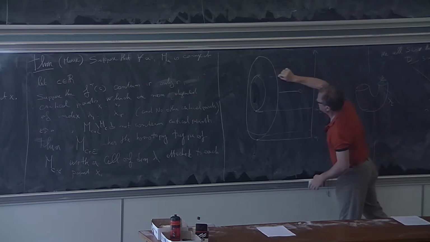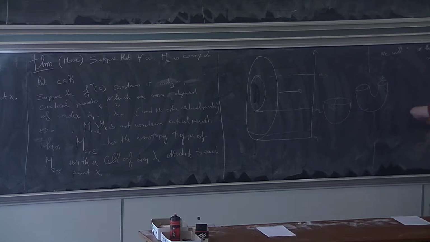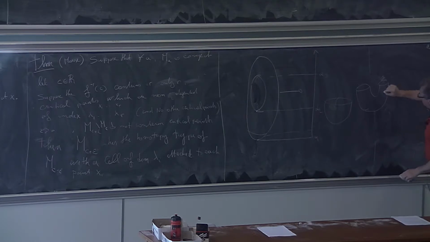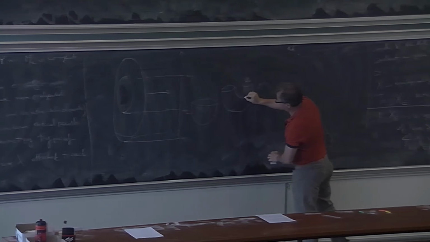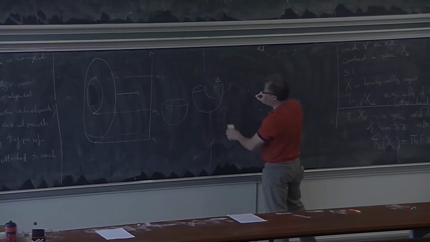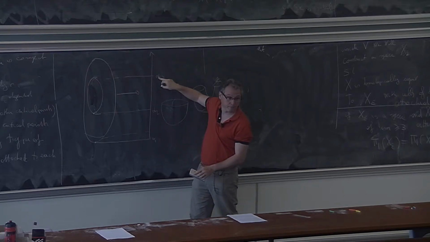Then you have alpha 3. This is, let's say, after. So this is alpha 2. Then nothing happens till here, till alpha 3. The homotopy will not change till alpha 3.